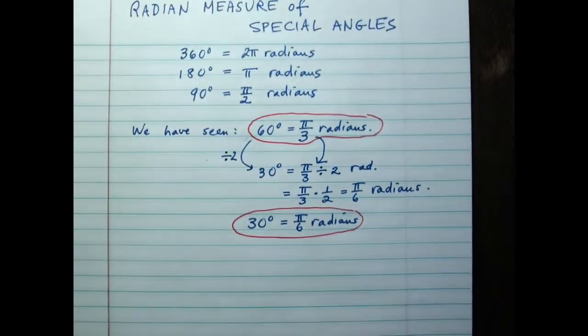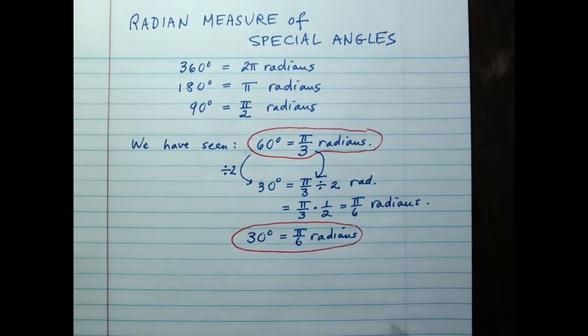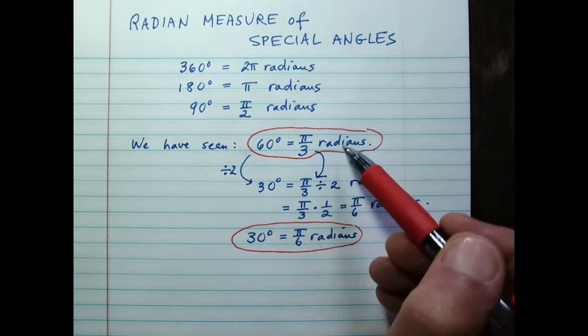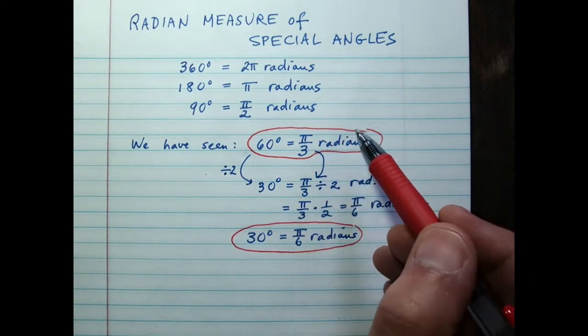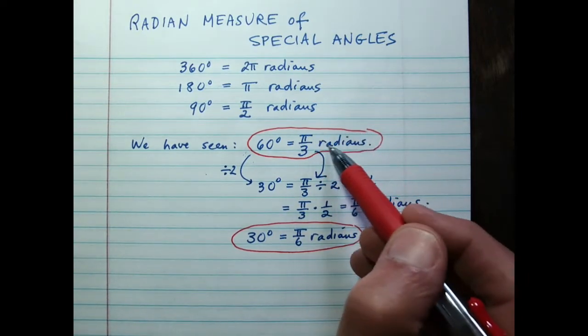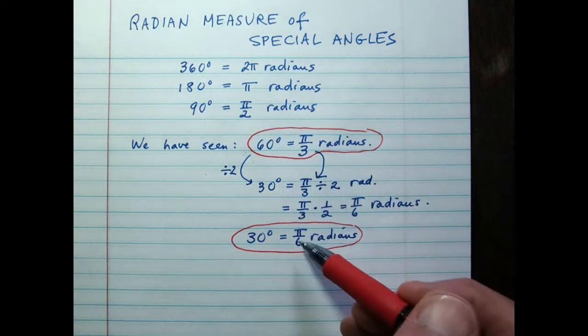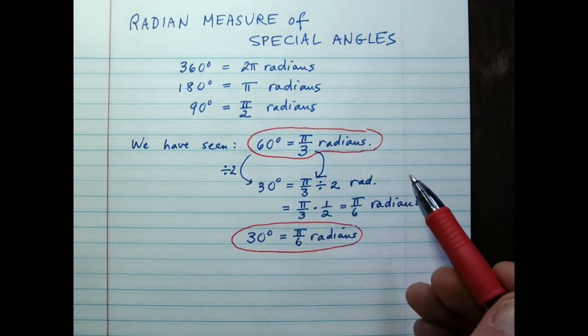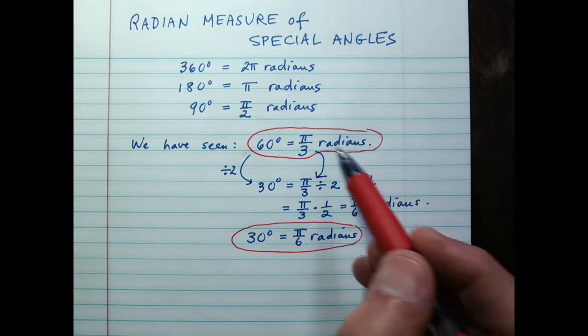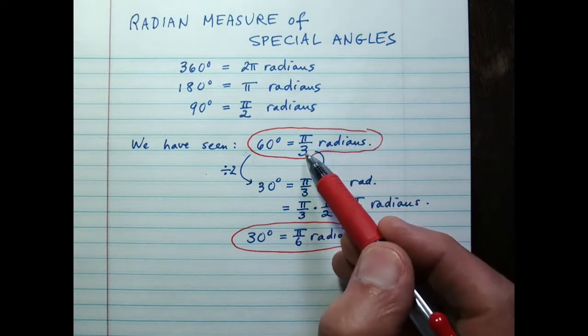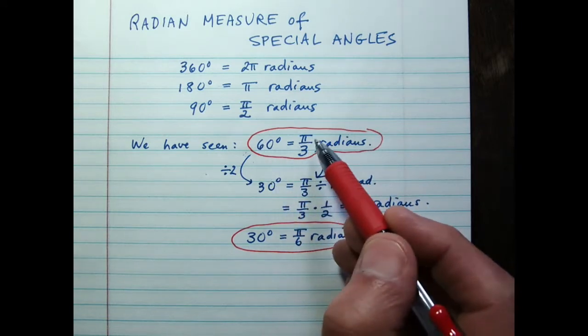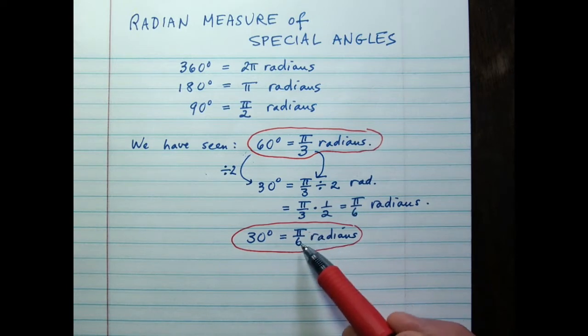That's frustrating because they, of course, differ. How do you reconcile that? One way to think of these pi over 3, pi over 2, pi over 6 fractions is that pi is like 180 degrees. So 180 divided by 3 is 60 degrees. But 180 divided by 6, a larger number, gives me 30, a smaller angle.